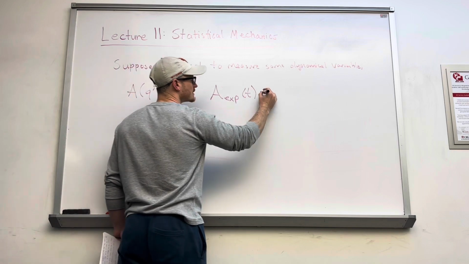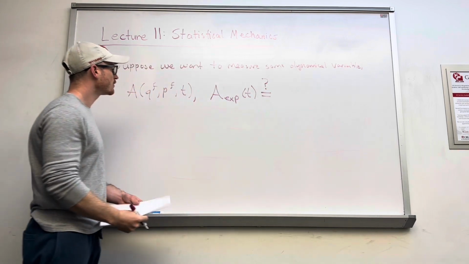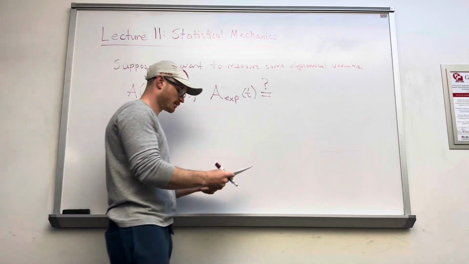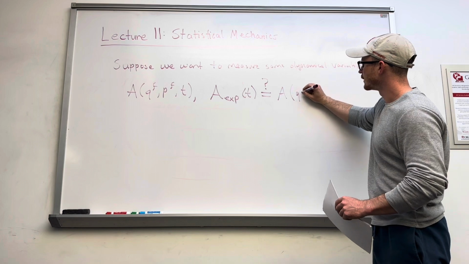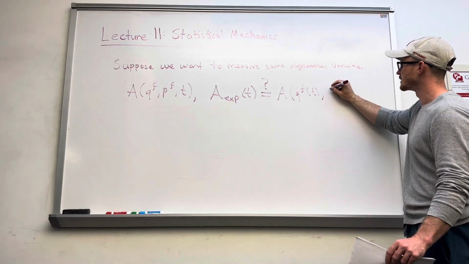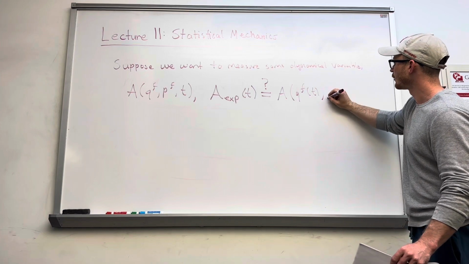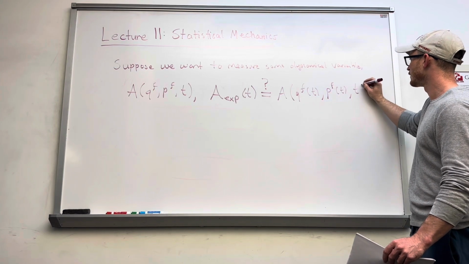And the question is, is this equal to the value of A at t, when all the q's are at their specific positions at time t, all the p's are at their specific momenta at t, and t?